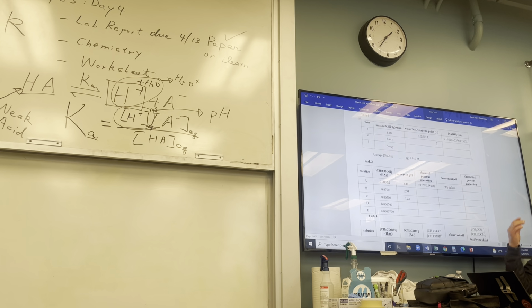For the second one, I got 25.1 milliliters. I need to convert it again. All right, 25.1 milliliters. All right. So 25.1.